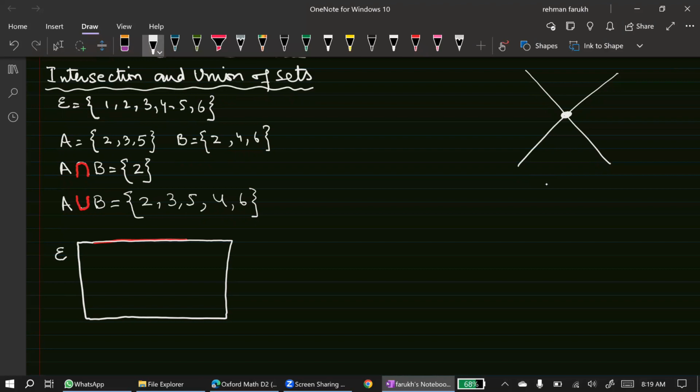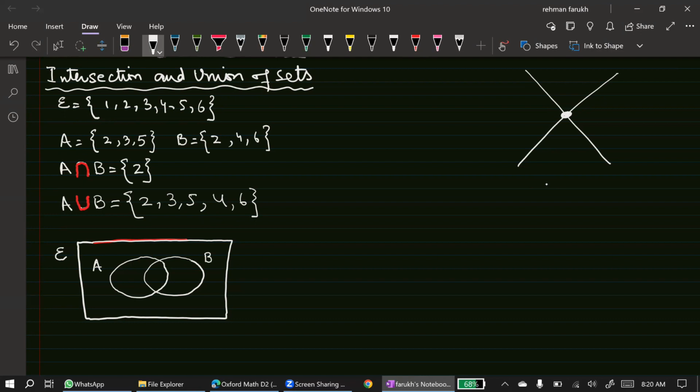This one is the universal set. Now, is there anything common between the two sets? Number 2. Yes. So we will draw the overlapping circles like this. This one is set A, this one is set B.